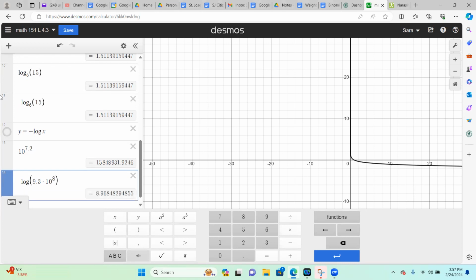So that is 8.968. It is the common logarithmic distance from the sun. So when they compare them to each other, let me show you that on my paper then.